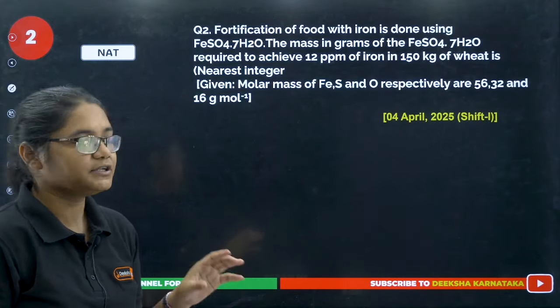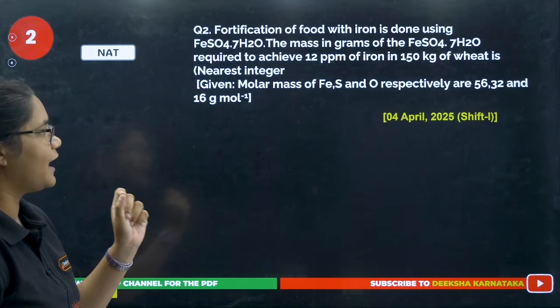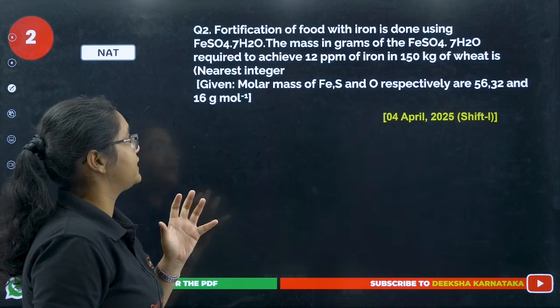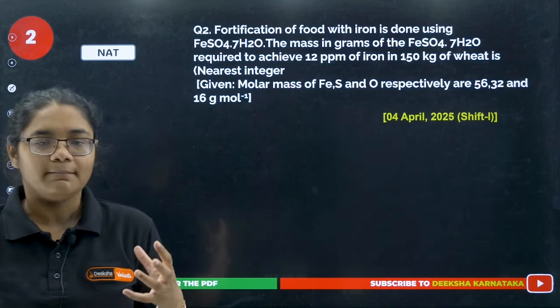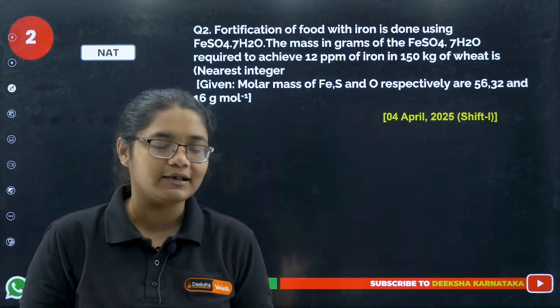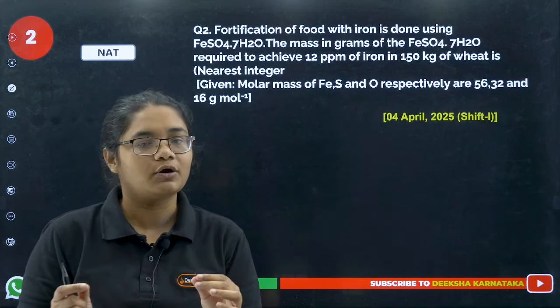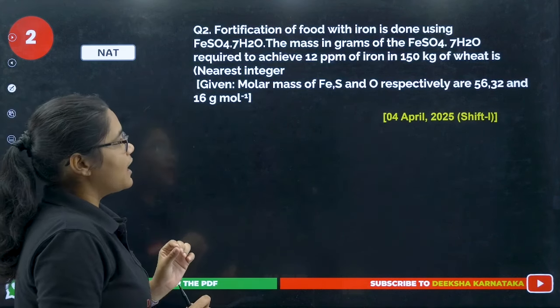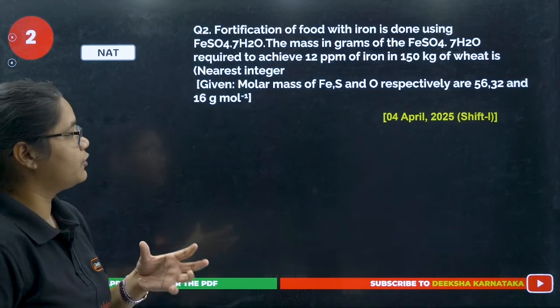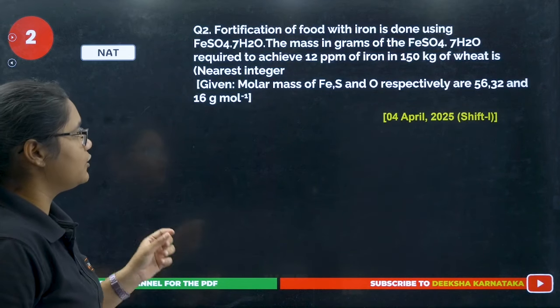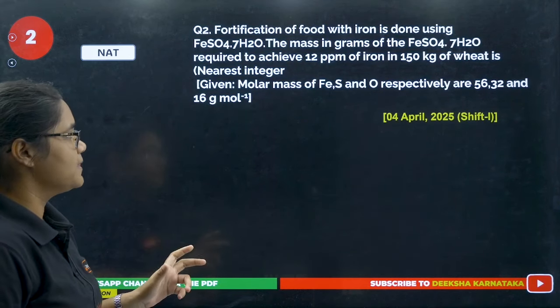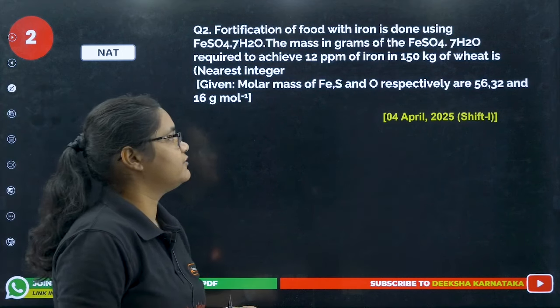Next we'll move to question number 2 here. This is a very good question. Fortification of food with iron is done using FeSO4.7H2O. Means if you want to add iron to any food, we add FeSO4.7H2O. Now the mass in grams of FeSO4.7H2O required to achieve 12 ppm of iron in 150 kg of wheat is.